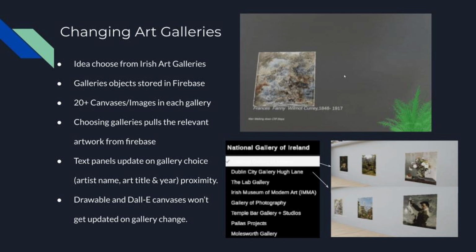We were using the Spark plan for Firebase, which was a free plan for people just getting started. But after a while we used up our usage allowance, and then we had to upgrade to the Blaze plan, which is a paid plan after a certain point, which we never crossed, so it was essentially free. And all of the code managing the loading of art to our canvases is in the Firebase Manager script.